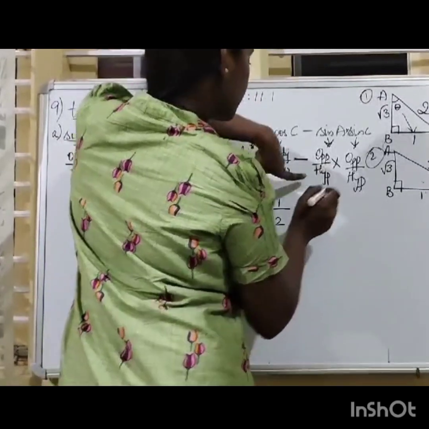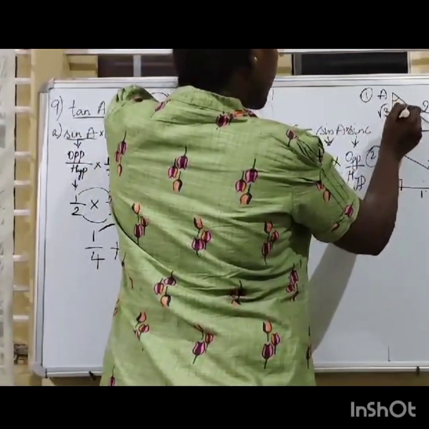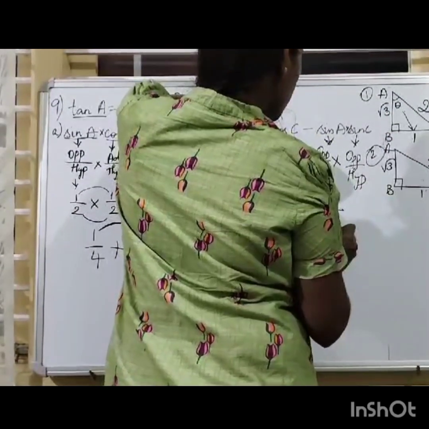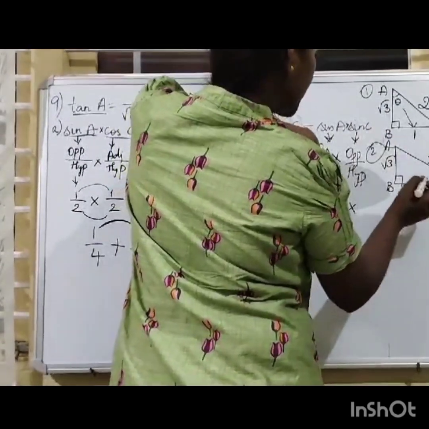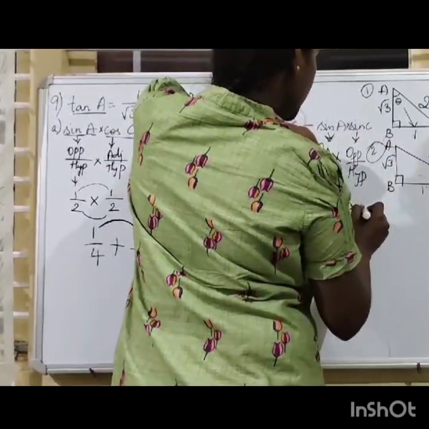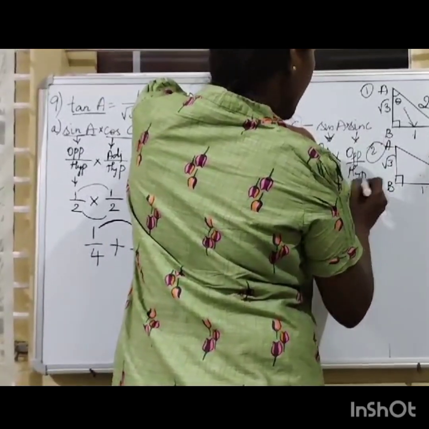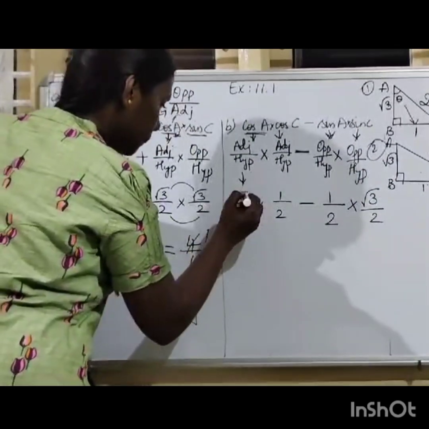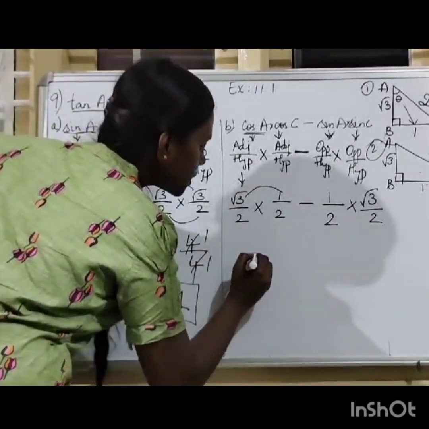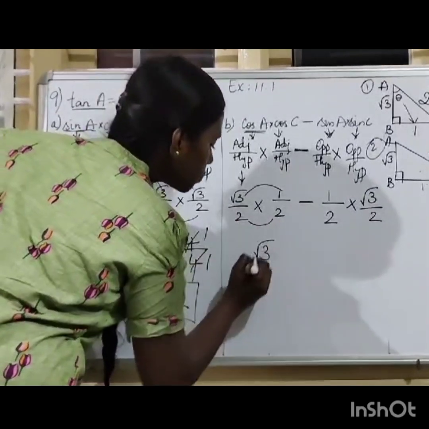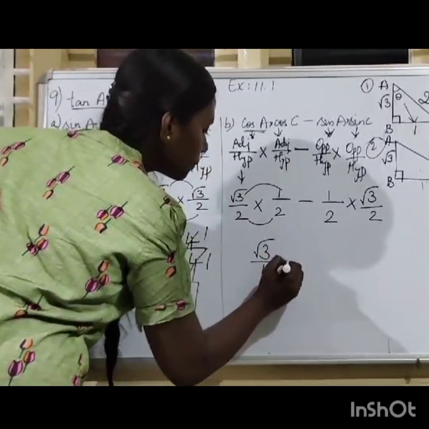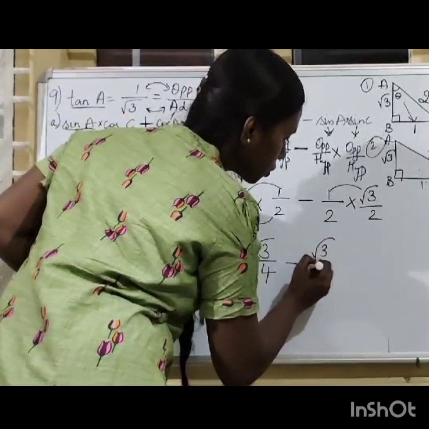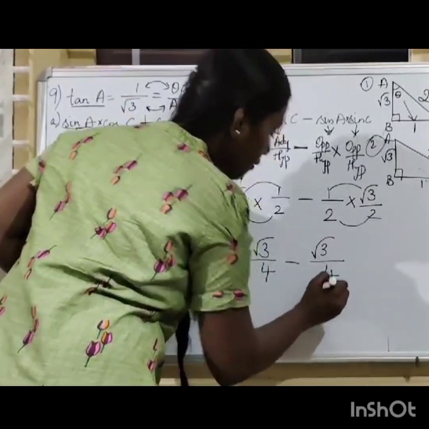This minus sin A. This triangle opposite 1 by hypotenuse 2 into sin C. This triangle opposite root 3 hypotenuse 2. Now root 3 into 1 is root 3, 2 2s are 4, minus of 1 into root 3 is root 3, 2 2s are 4.